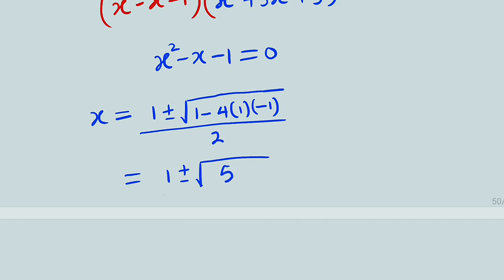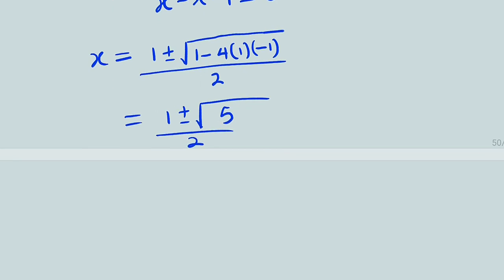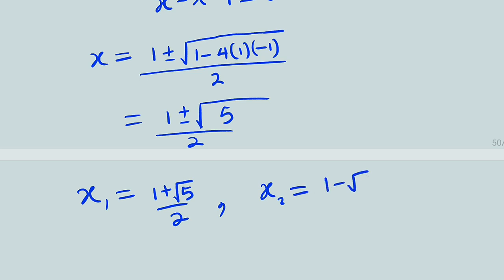So we have 5 here, divided by 2. Therefore, the possible values of x here, x1 equal to 1 plus root of 5 divided by 2. Then we have x2 equal to 1 minus root of 5 divided by 2.